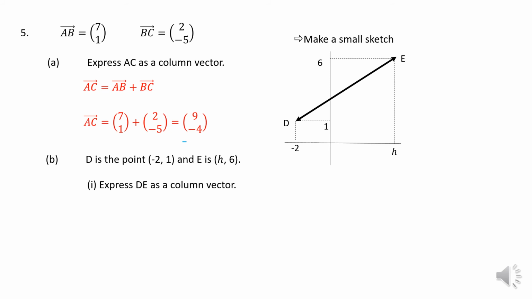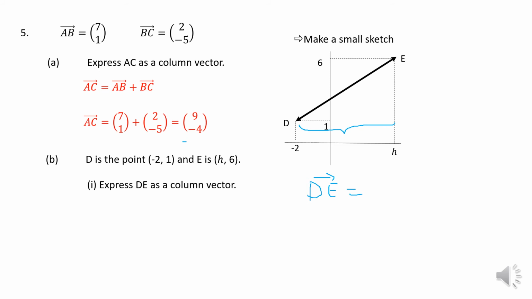Now when you want to find DE as a column vector using this diagram, remember, and this is now very important, we're going to need to know the distance from here. Let us first take the x, all the way from here to there.